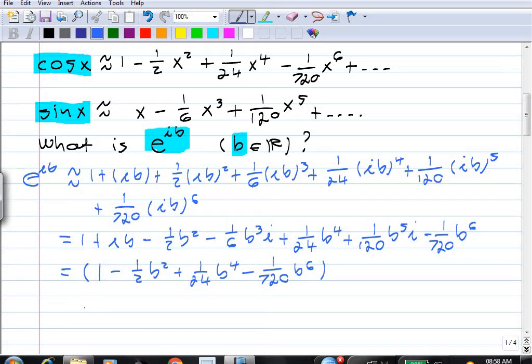And now look at the imaginary parts, we throw them all together. We look for all the terms here with an i in it. So we get b minus 1 over 6 b cubed plus 1 over 120 b to the fifth.